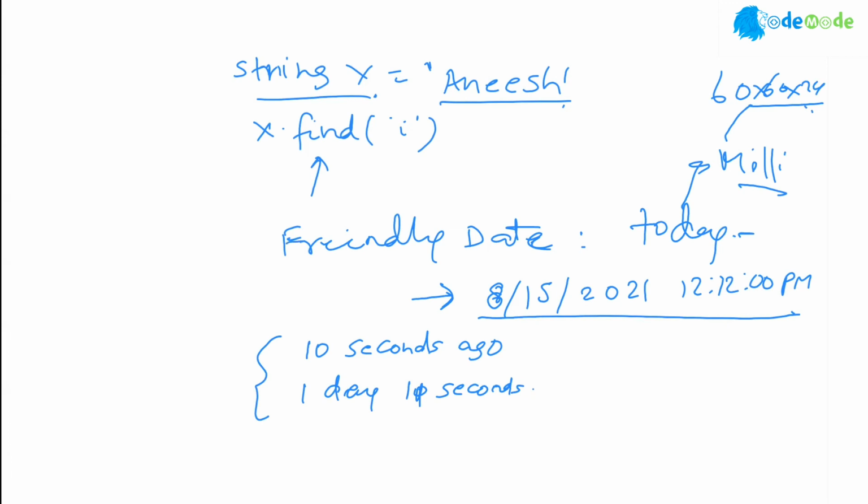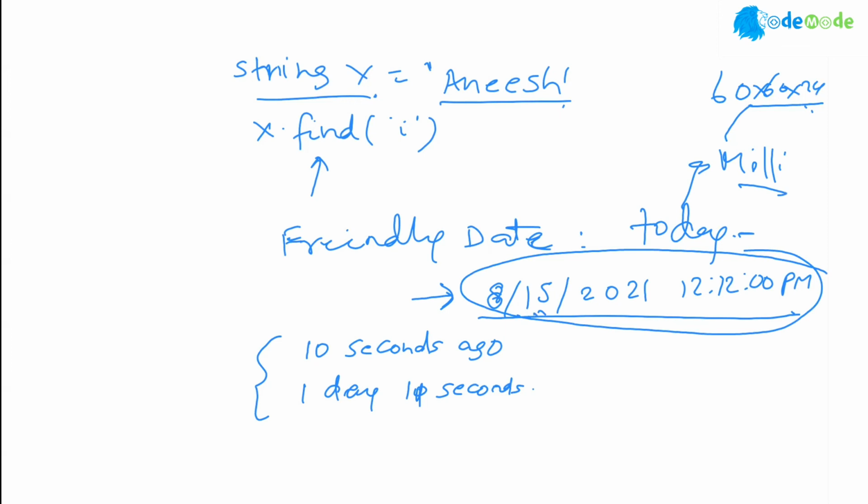But we can write a function. Now this function, anytime I want to reuse it, all I have to do is pass one input. You give that input, it will calculate the time elapsed between now and this date, right?